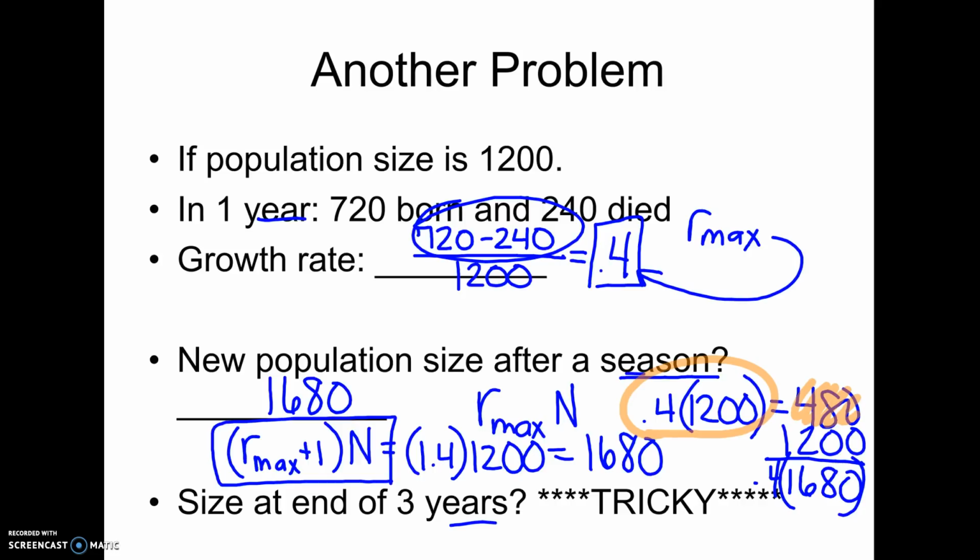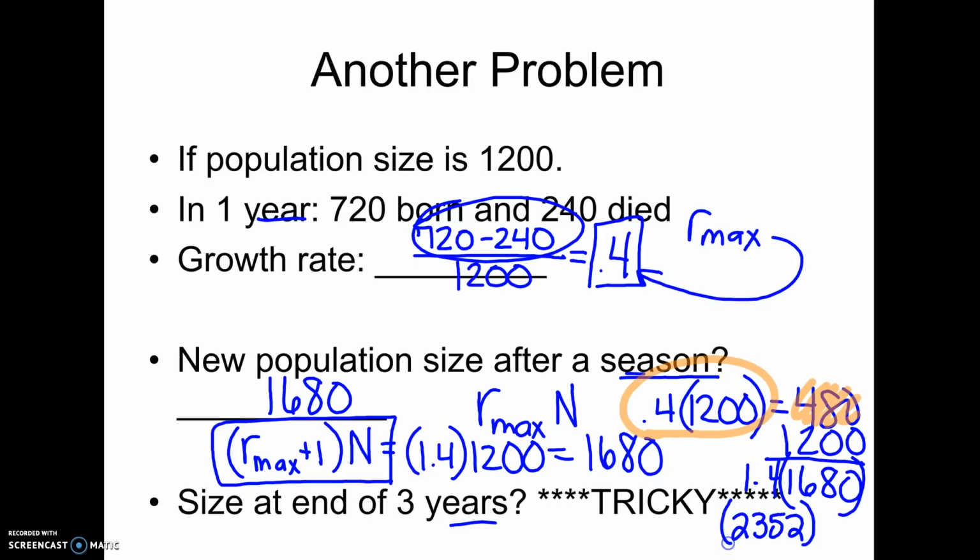So to solve this the long way, so to speak, we now know after 1 year, we have 1,680. So to get after 2 years, we now have to multiply, and I'll use the shortcut. I'm going to multiply 1.4 times 1,680. And after 2 years, I would have 2,352 individuals, and they want 3 years.